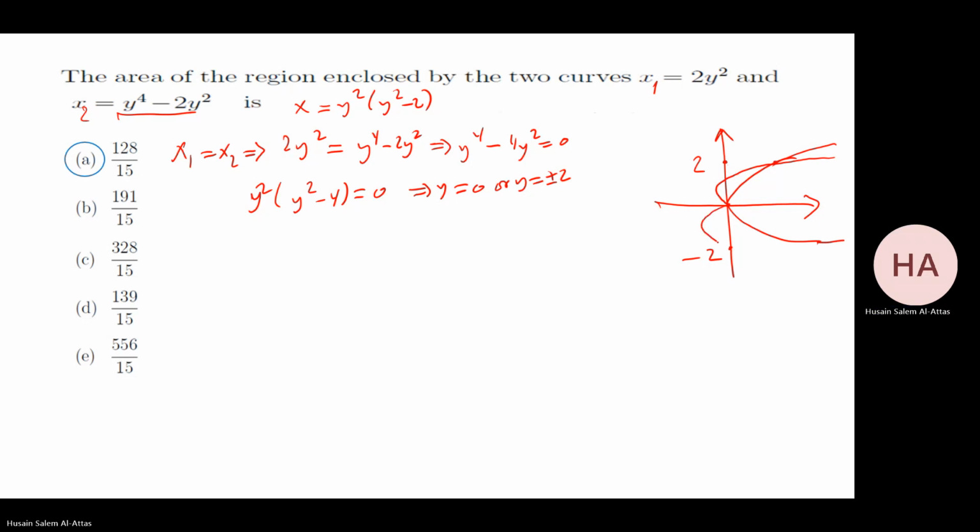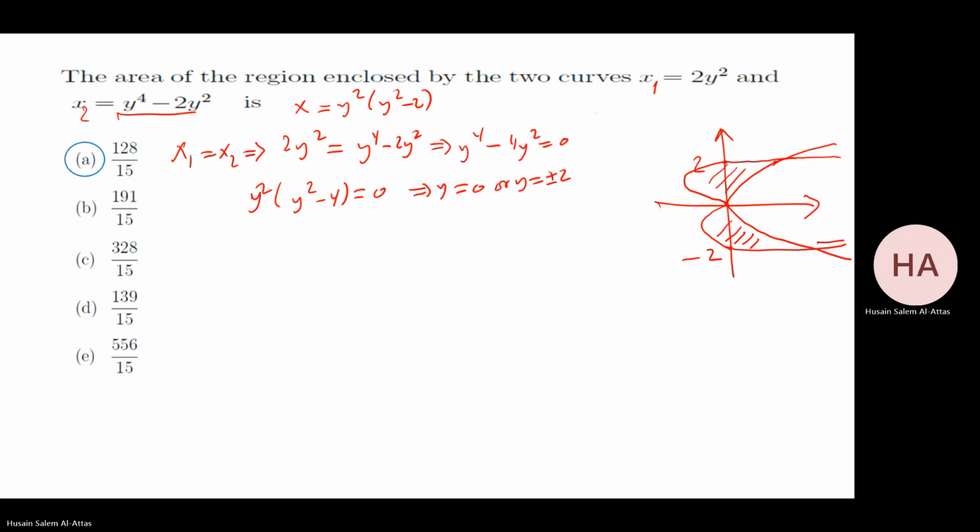And then at 2, it will intersect. So I'm talking about these two areas. This area and this area. Everything. Yeah, the points of intersection help me to figure it out.